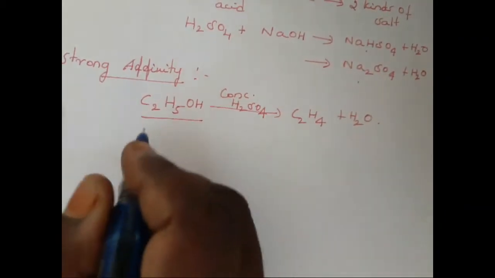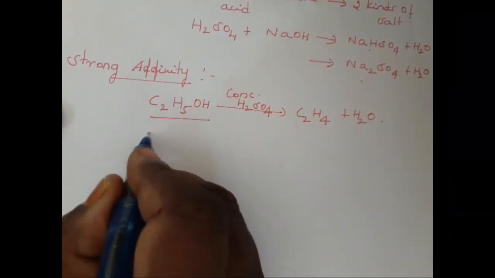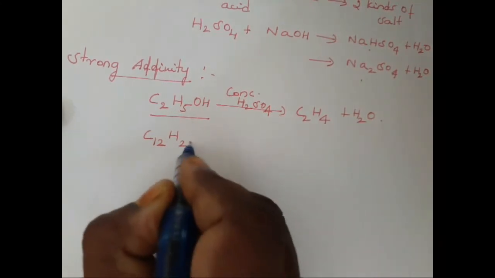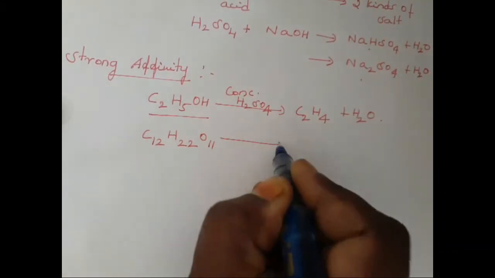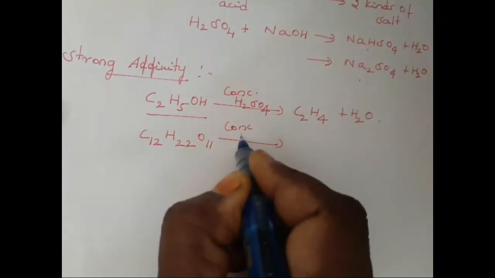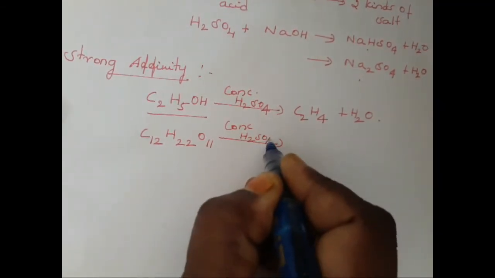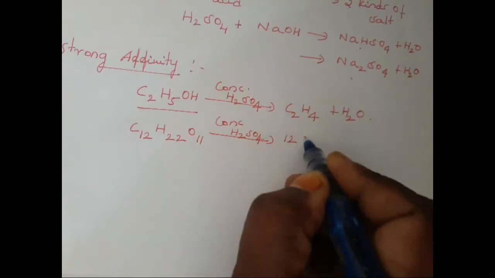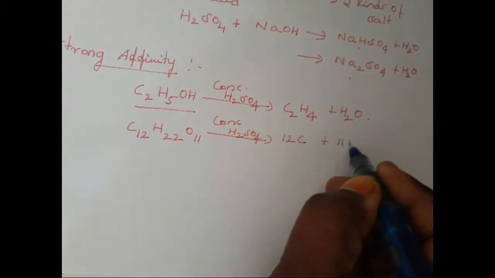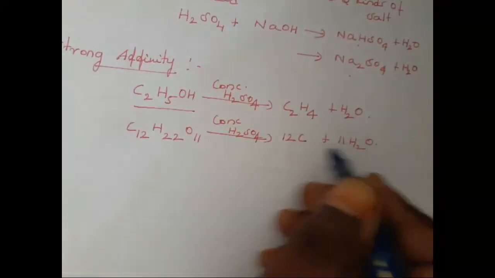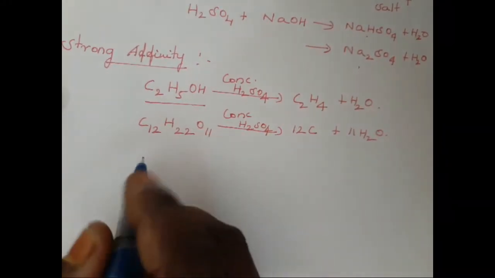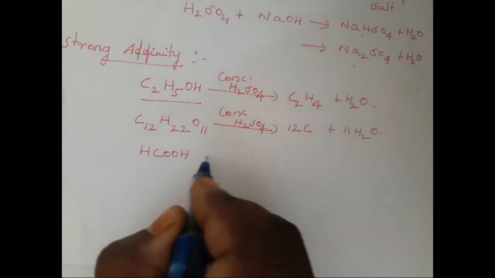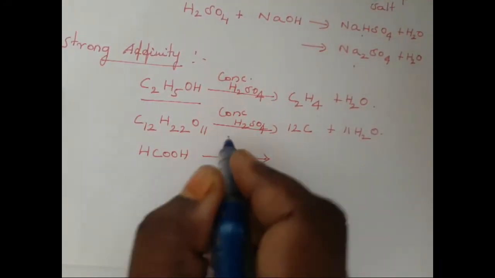Now let us see the second reaction to witness this. We are going to take C12H22O11. On treatment with concentrated sulfuric acid, water molecules will be removed here. We will be getting carbon and water. It has removed water there. And then the third reaction we are going to see is with formic acid, HCOOH.